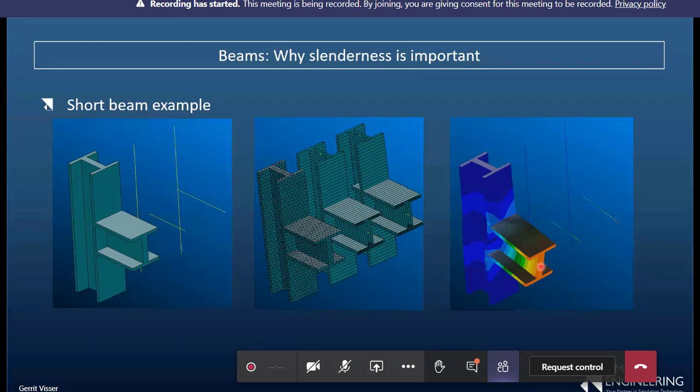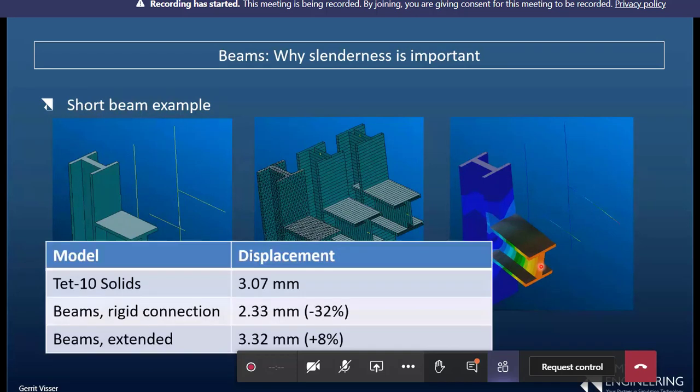Okay, now I'm going to step back to this slide in a moment because there's something really important that I want to show you. But first, let's see what happens. If I look at the tape measure, and let's assume the answer is correct, we may actually need to measure a bit finer to get a slightly better answer, but this is a pretty decent answer. In this model, for the loads that I've applied, the size of the structure, I get 3.07 millimeters displacement for this model maximum.